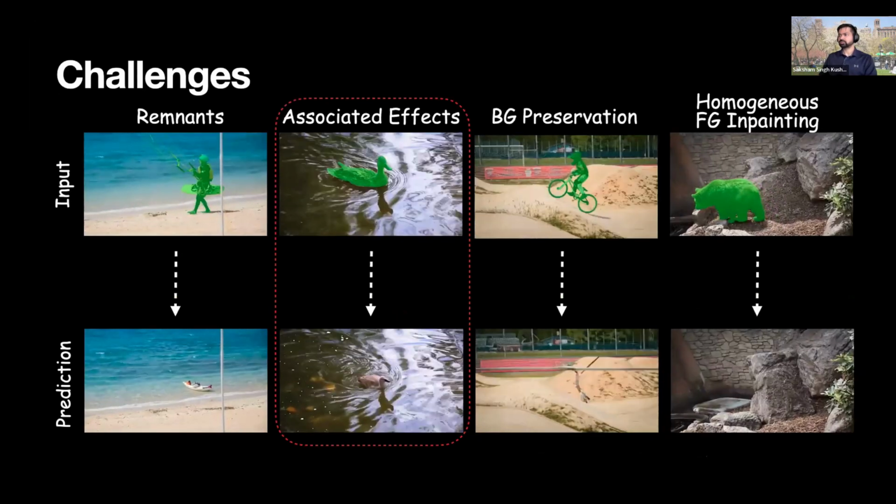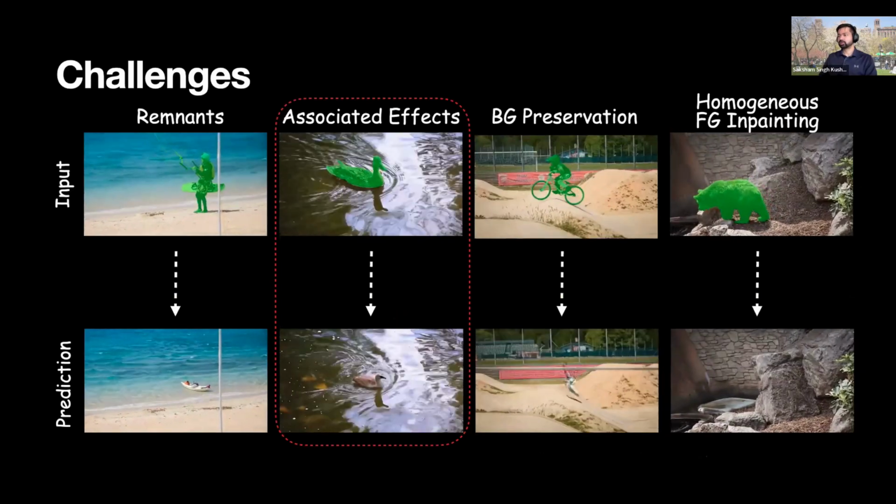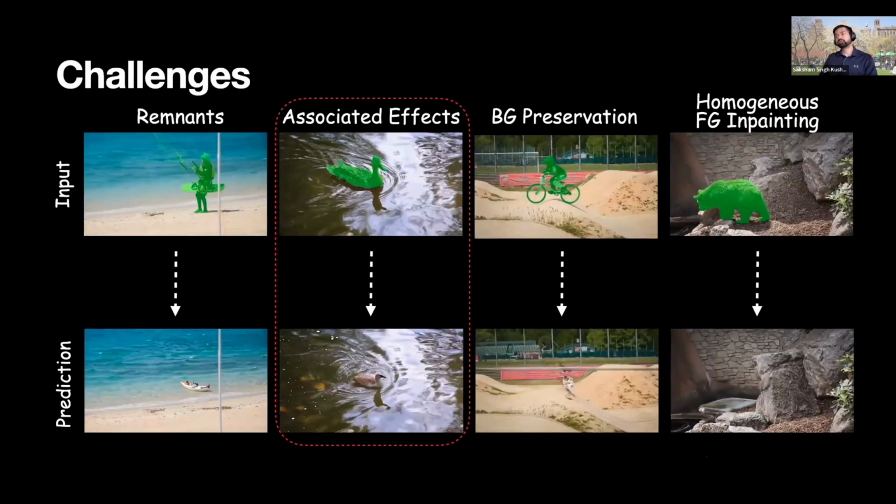And now moving on to associated effects. When we remove an object, we do not want their shadows or reflections to exist, and hence we came up with an offline approach. We use the intermediate values of the model itself. We use an MMDiT based model, which is Hunyuan.